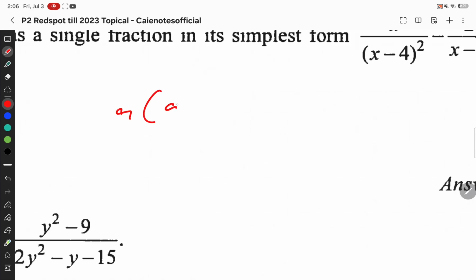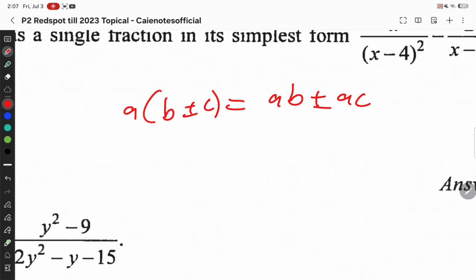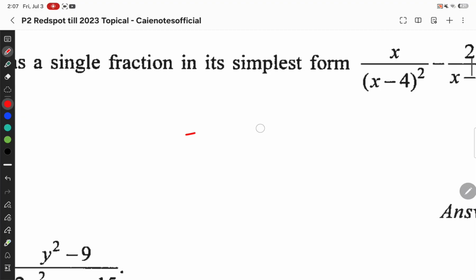When we do this, a times b plus c, multiplication is on a higher level than addition, so that's why we have multiplication over addition, and vice versa with subtraction. But we cannot have subtraction over multiplication.